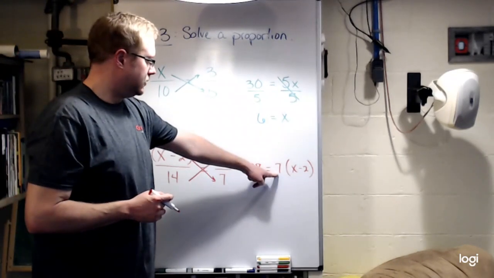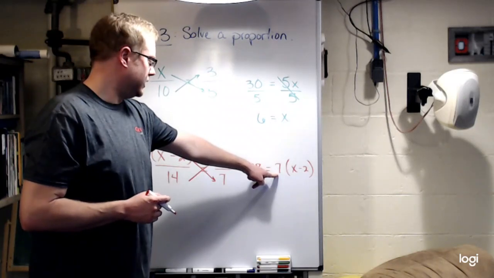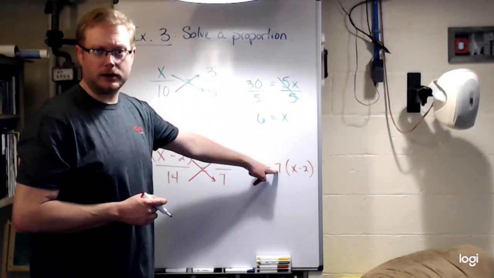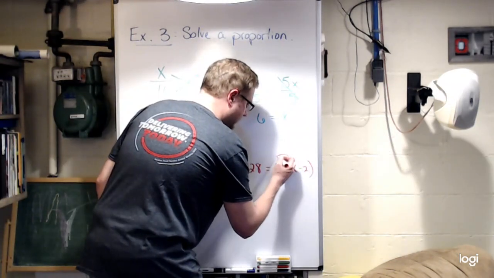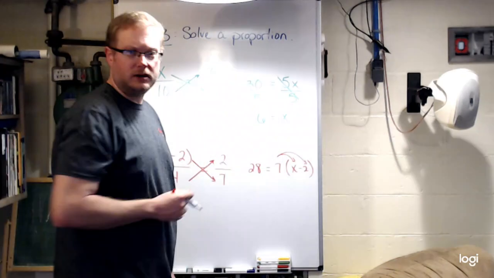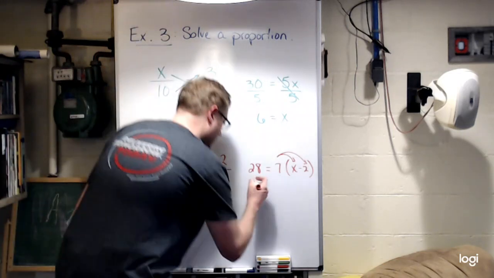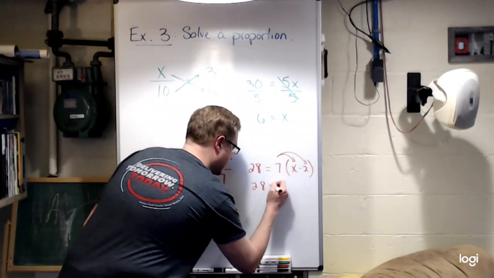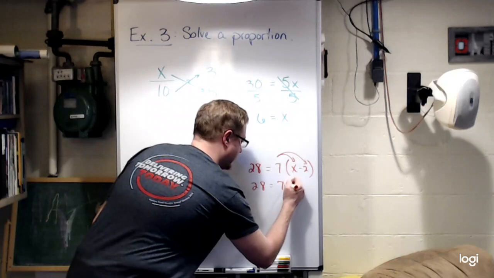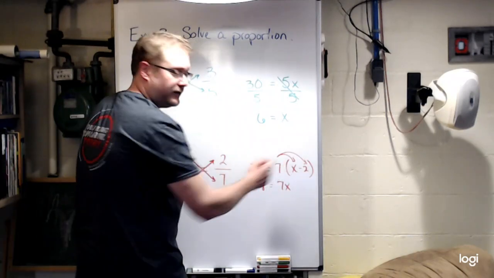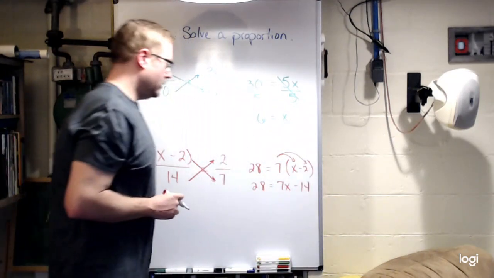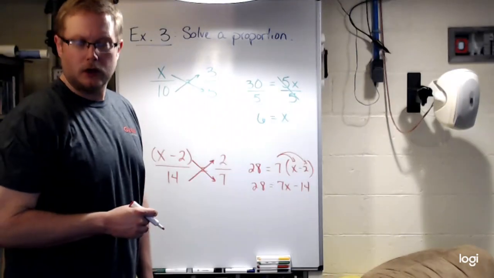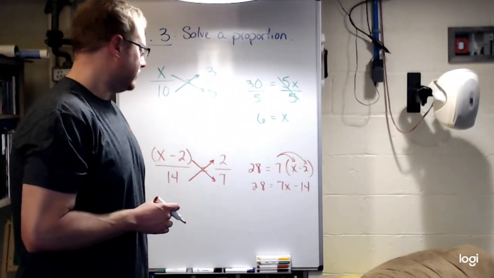Over here on the right side of the equation, we're going to take this 7 and distribute it. So 7 times x and 7 times negative 2. Bring down your 28. 7 times x is 7x. 7 times negative 2 is negative 14. So we have the equation 28 equals 7x minus 14.